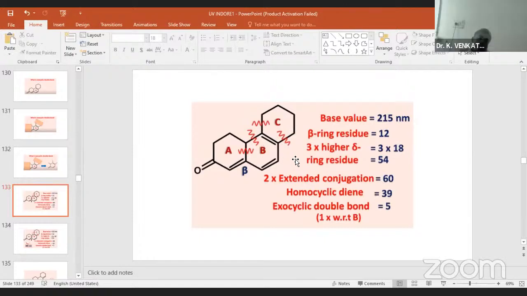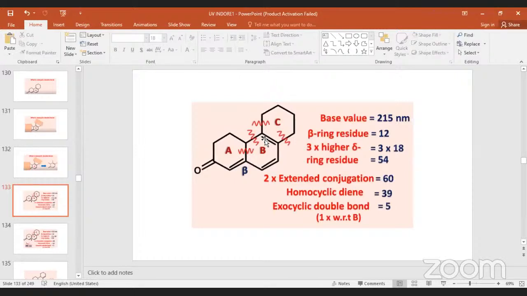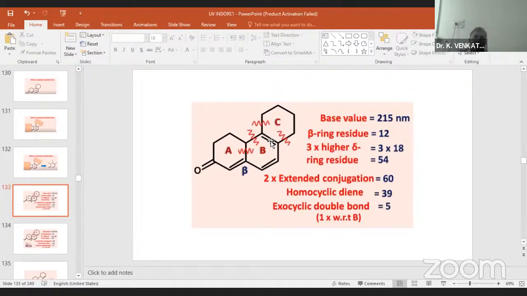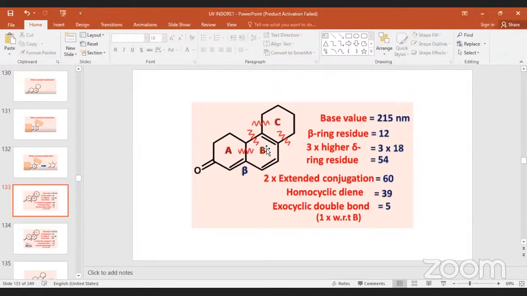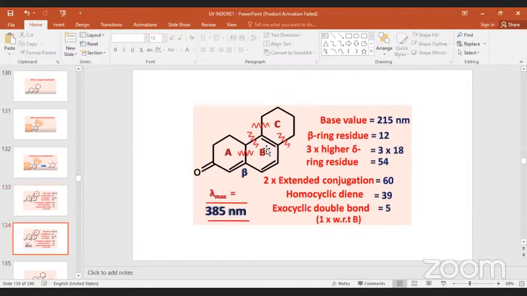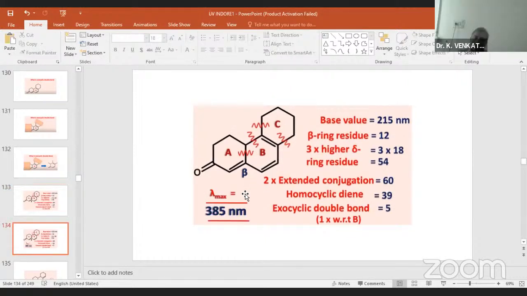This double bond connects this carbon and this carbon, so this is present inside the ring. Both sides are present, C and B also. So we cannot consider this. So this is 385. Okay, thank you. 385 is the correct answer.